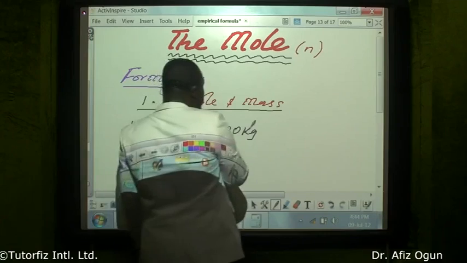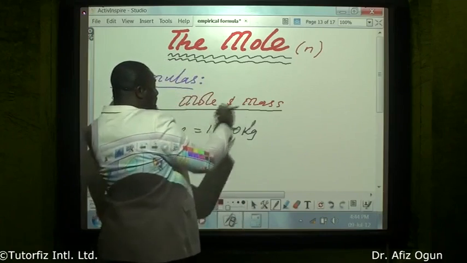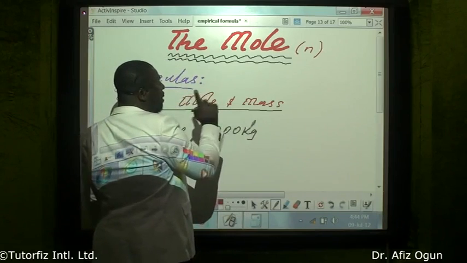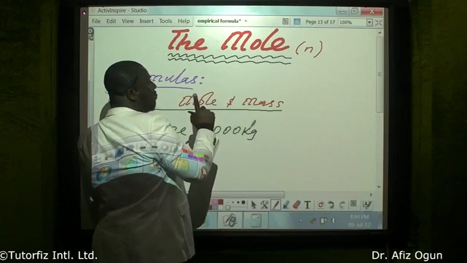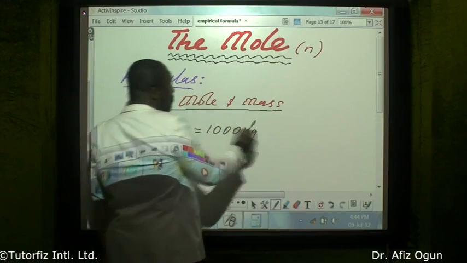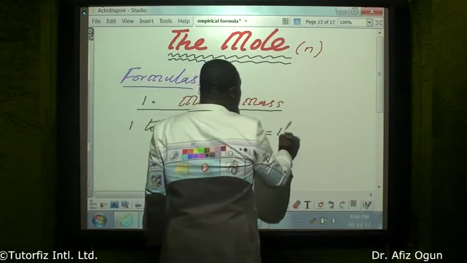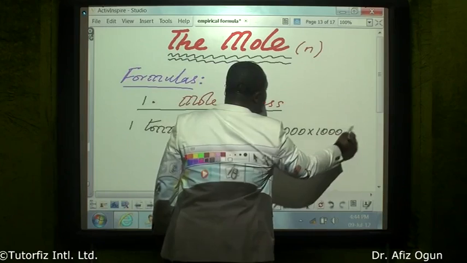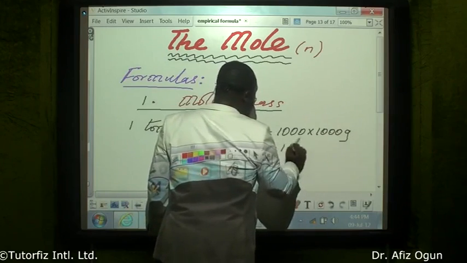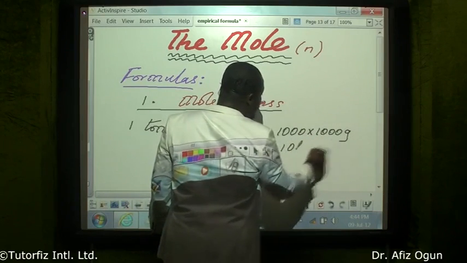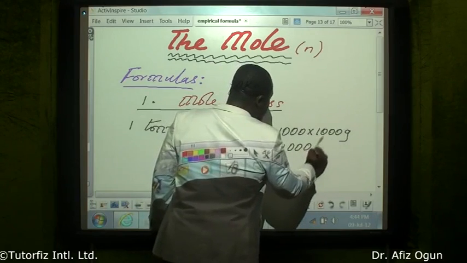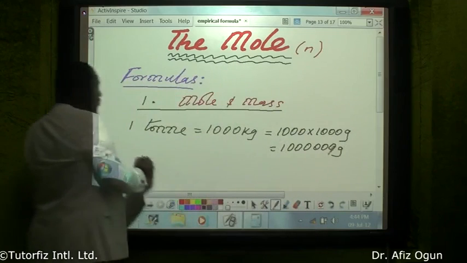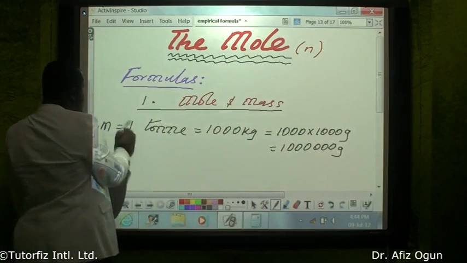So we convert this to grams, we multiply it by another 1,000, because in every kilogram you have 1,000 grams. So this will be equal to 1,000 multiplied by 1,000 grams, which is 1 million grams of aluminium. So the mass of aluminium here is 1 million.